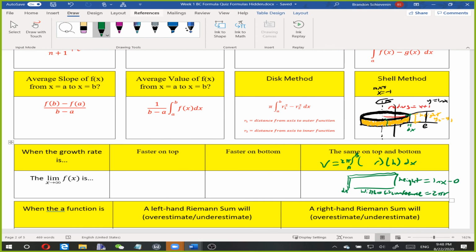Any questions on my setup here for volume? Okay, so for our specific example that we've created here, this would be 2 pi times the integral from 1 to e of our radius, which is x plus 1, times our height, which is my difference in my y values, or natural log x minus 0, times dx.